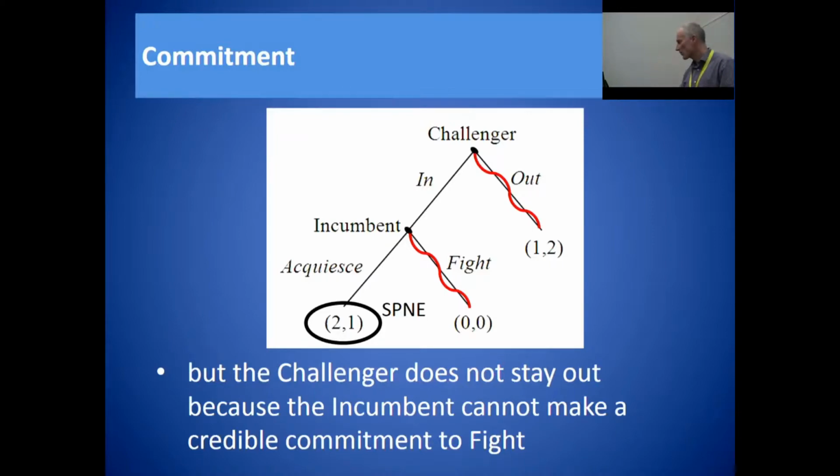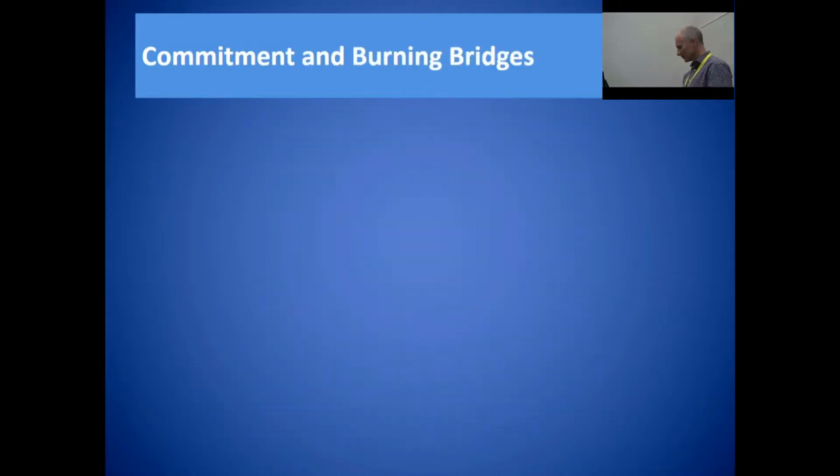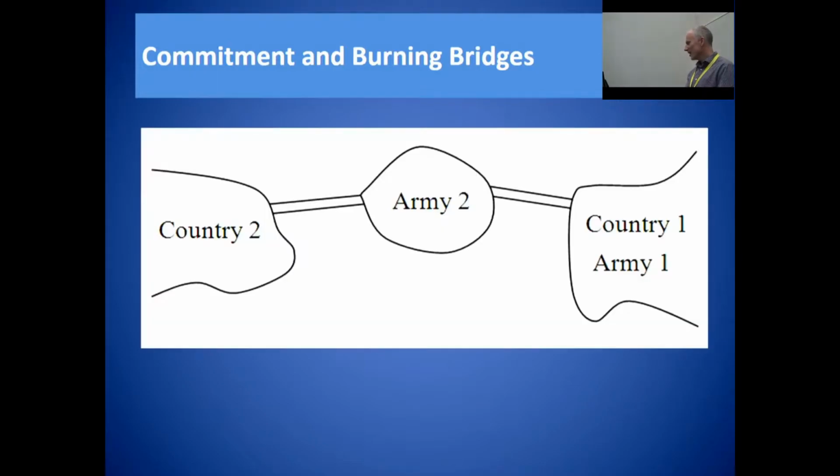Well, I'm going to change that example ever so slightly. Well, actually, it's the exact same example. I'm just going to word it slightly differently. And this game that I want to show you, to do with commitment and credible commitments, we'll call burning bridges. As you can guess, art was never my strong point in school.